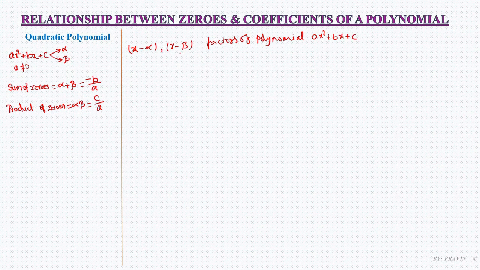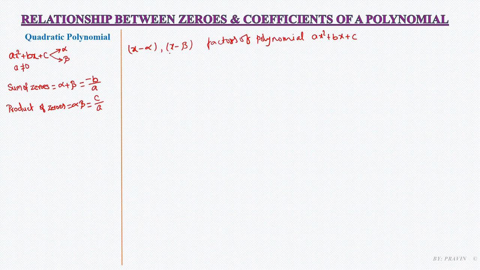Why will they be factors? Because when you put x - alpha = 0, you will get x = alpha. So since alpha is a zero, similarly when you put x - beta = 0, you will get x = beta, and beta is also a zero of this polynomial.